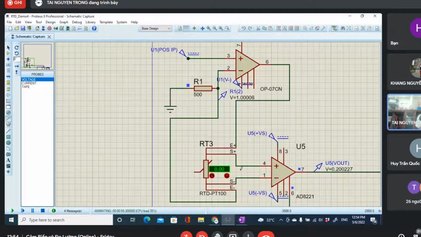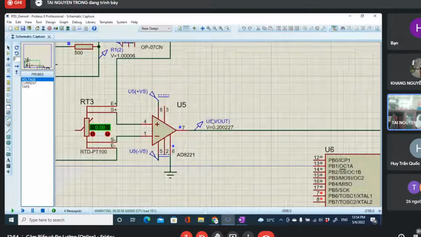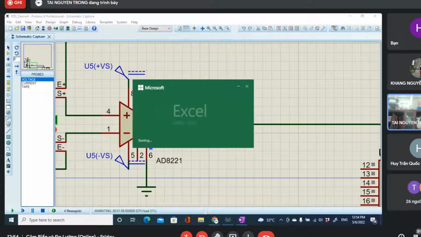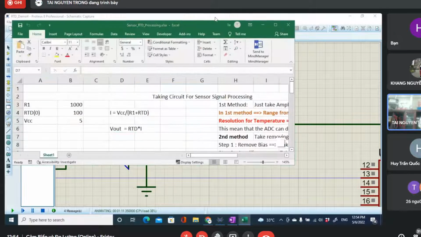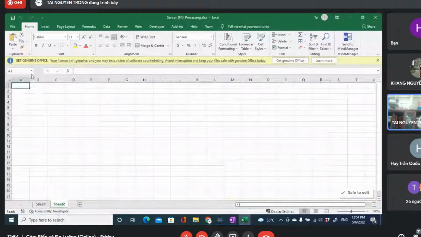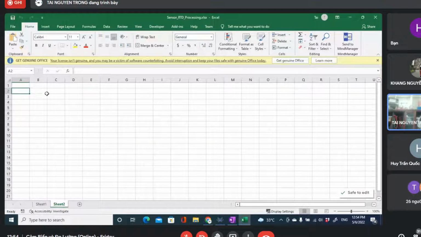Vs minus, Vs plus. Okay, and then we take a calculation for the resistor. Calculation. Okay, and then we have a current I equal to 2 milliampere.